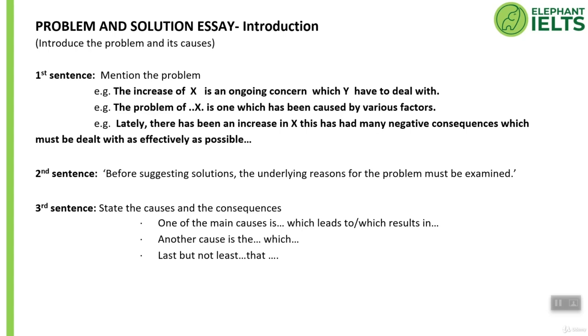So as I said, 3 causes. You could introduce them like this. One of the main causes is this, another cause is that, and last but not least, this. Okay, so that's your introduction. 3 parts to it. Mention the problem, the second sentence, and the third part where you introduce 3 causes.